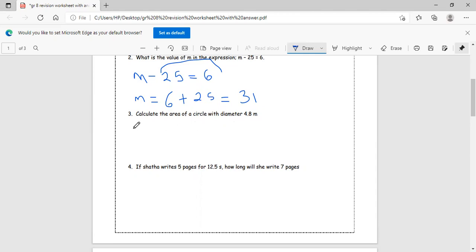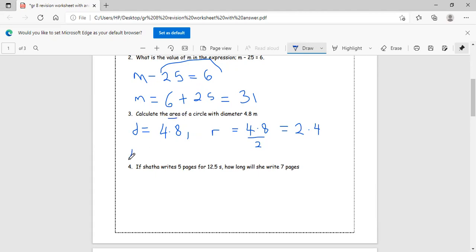The radius will be, if d is equal to 4.8 meters, it means the radius of that circle, radius r, will be equal to what? 4.8 divided by 2. Radius is half of diameter, divided by 2. And that will give me what now? 2.4.